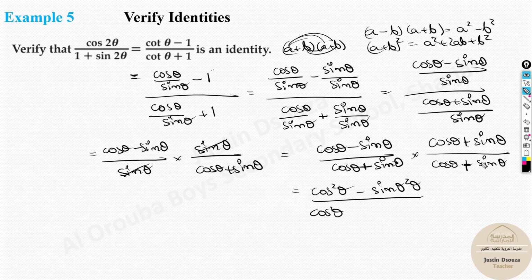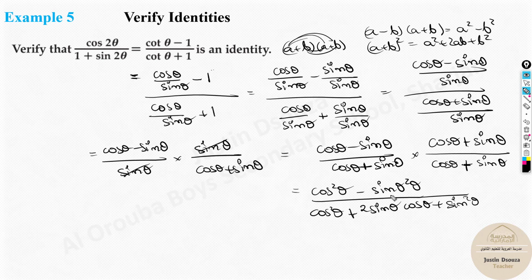Now you will do cos and sine, then again cos and sine, it will be plus 2 sine theta cos theta. Plus finally the last two terms, that is sine square theta.